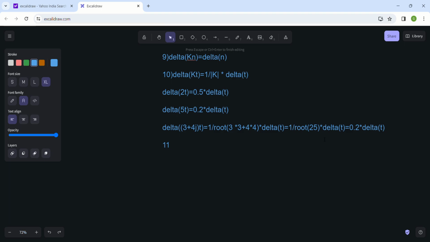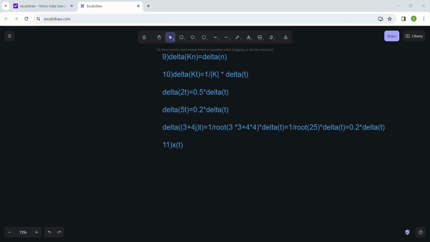Now the 11 properties are completed. Now the relationship between signals in impulse form. I already told that the impulse signal has so many properties. Now we'll take x of t with the delta signal, which you already know. That's why I'm writing it here.